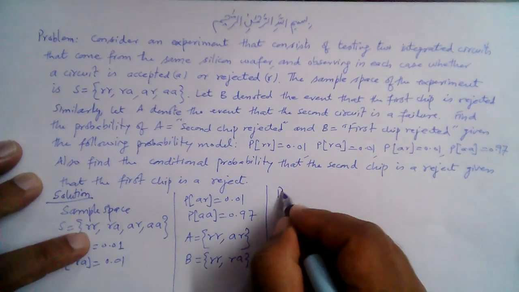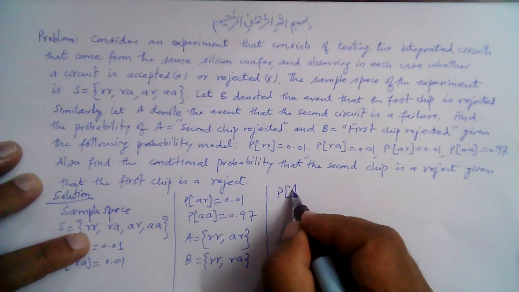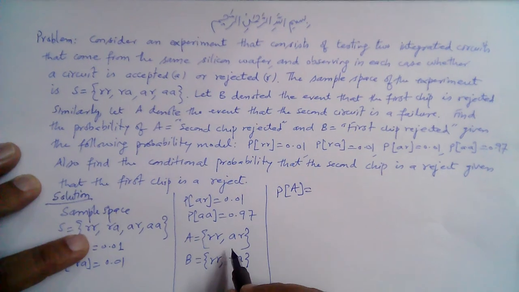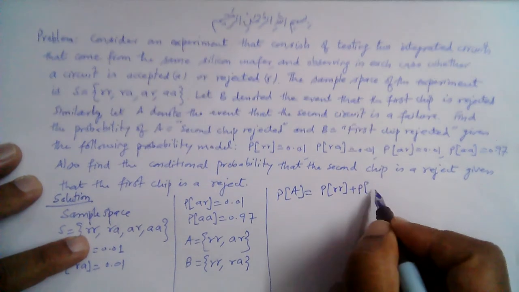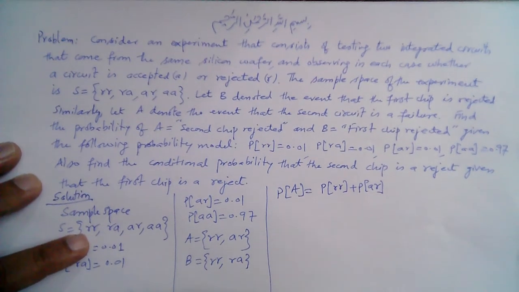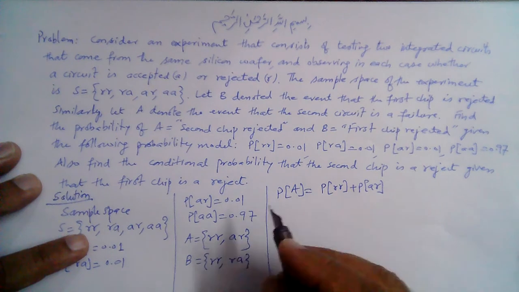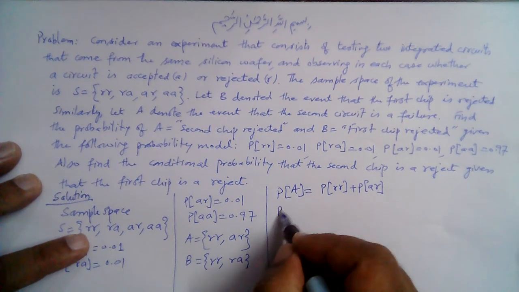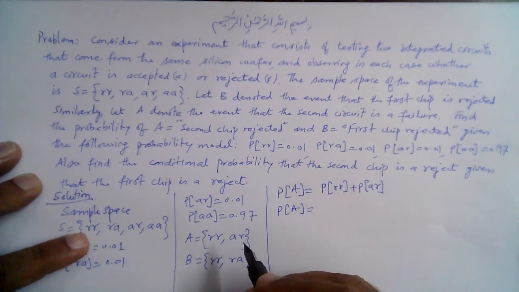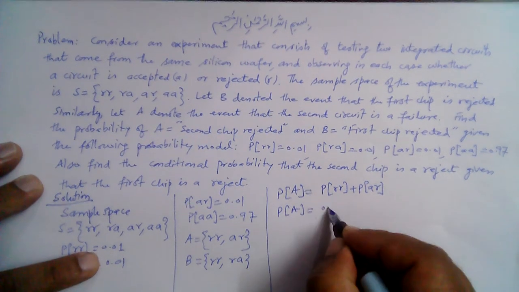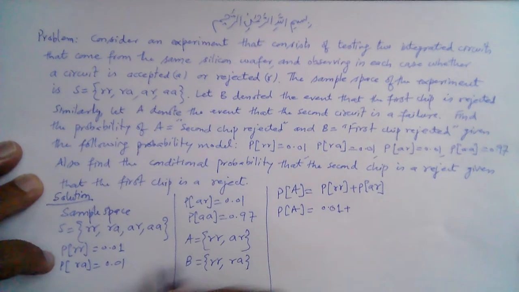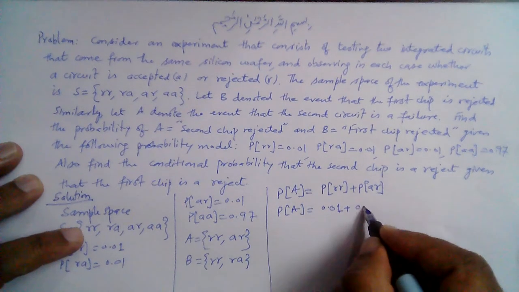So the probability of A is actually the sum of the probabilities of these two outcomes: probability of this outcome RR plus probability of this outcome AR. We are already given these probabilities. So the probability of event A is probability of RR, 0.01, plus probability of AR, also 0.01.